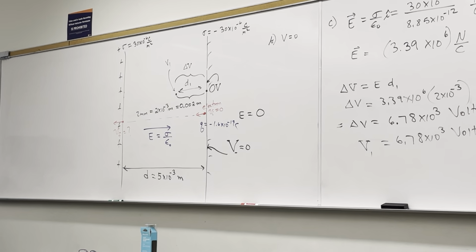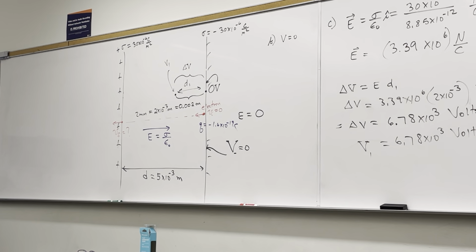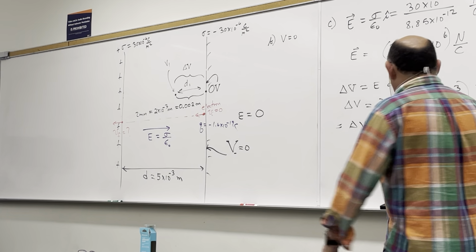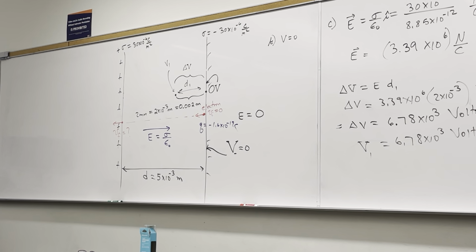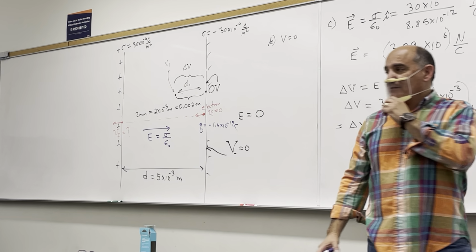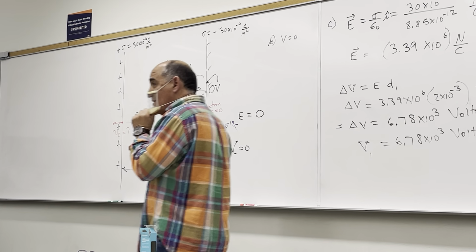Let me write down the expression and then plug in the numbers. It should be the charge of the electron times the potential at that point, which is really the potential at the negative plate. But we were told that that was 0, right?